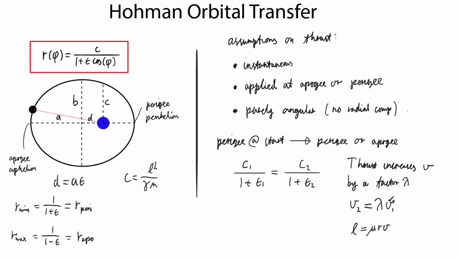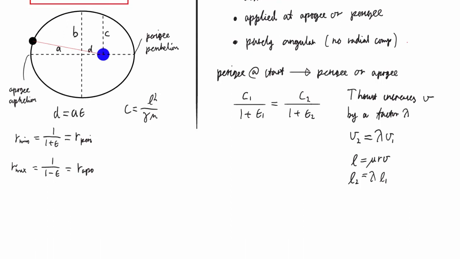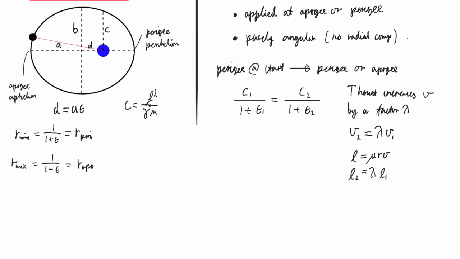So because of that, we can also say that L2, the angular momentum afterwards, that is part of C2, is equal to lambda times L1. And then because of the definition of C here, this gives us that C2 equals lambda squared C1, right? Because C is proportional to L squared.